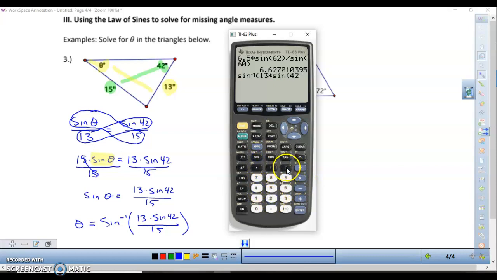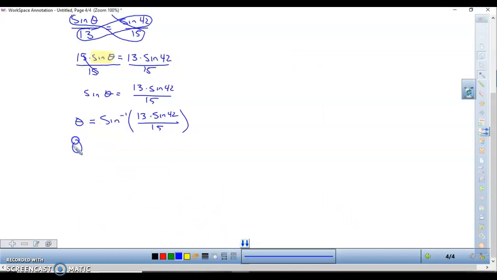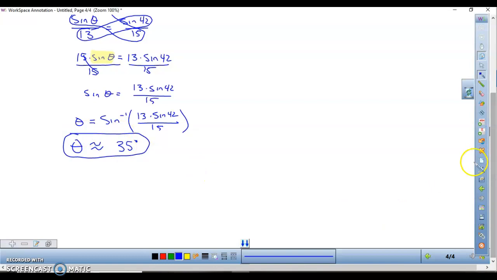Make sure you close this parenthesis after the sine of 42, and then divided by 15. And then I'm going to close the entire parenthesis for the whole thing, and I get around 35 degrees. So theta is approximately 35 degrees.